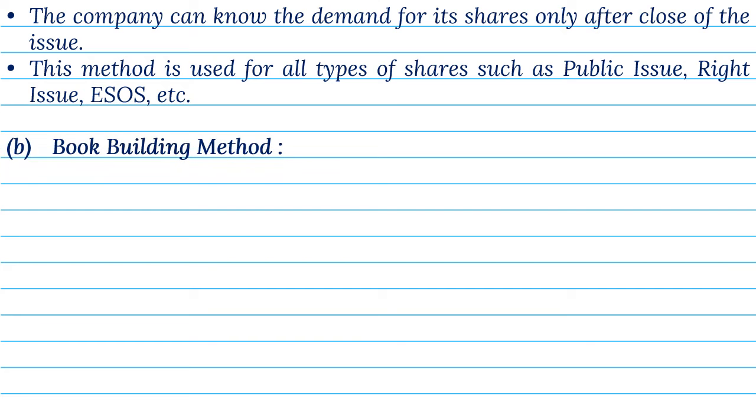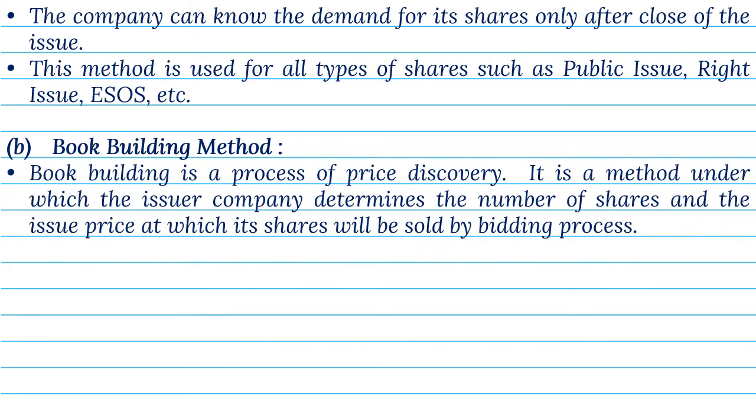B. Book building method. Book building is a process of price discovery. It is a method under which the issuer company determines the number of shares and the issue price at which its shares will be sold by bidding process.